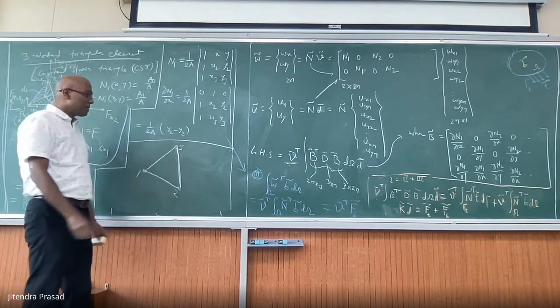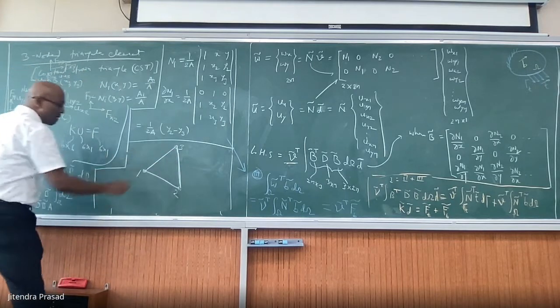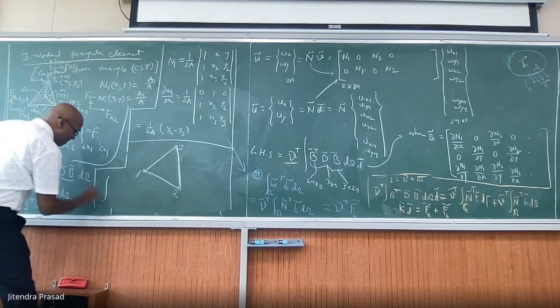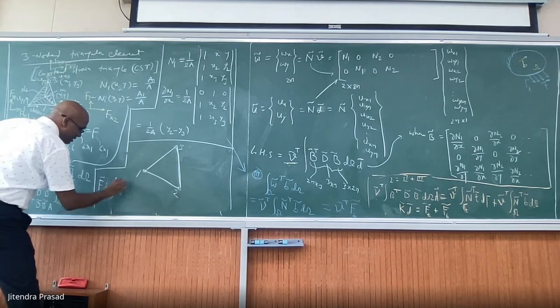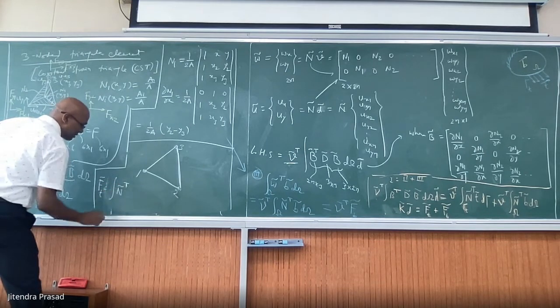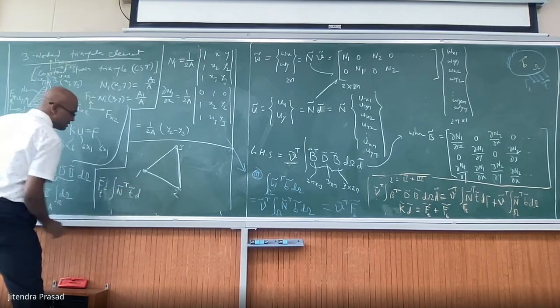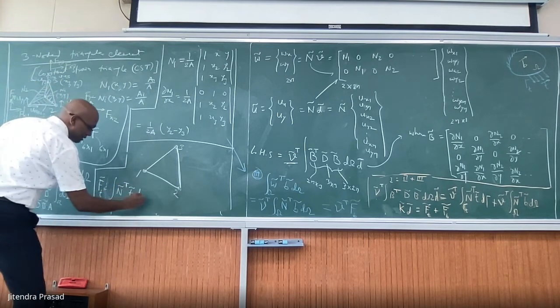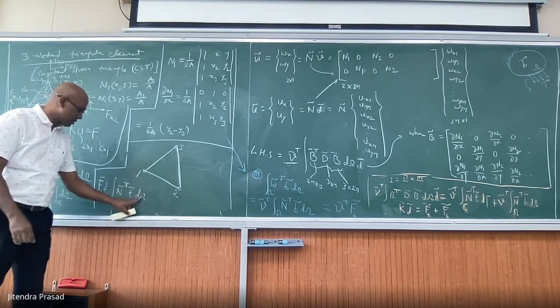So that means that on the boundary, when we are talking about f, we are finding f equal to N transpose t, the traction t theta.